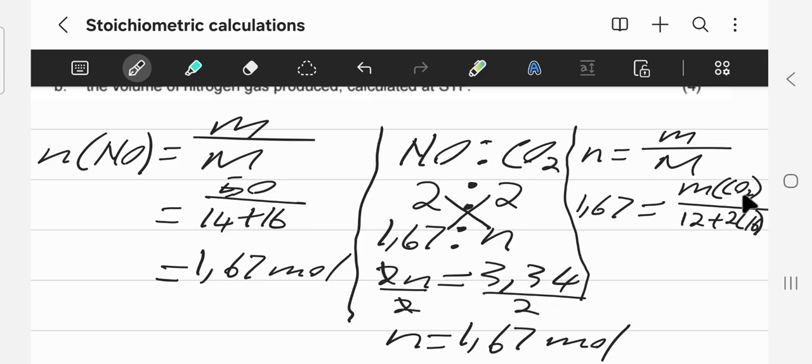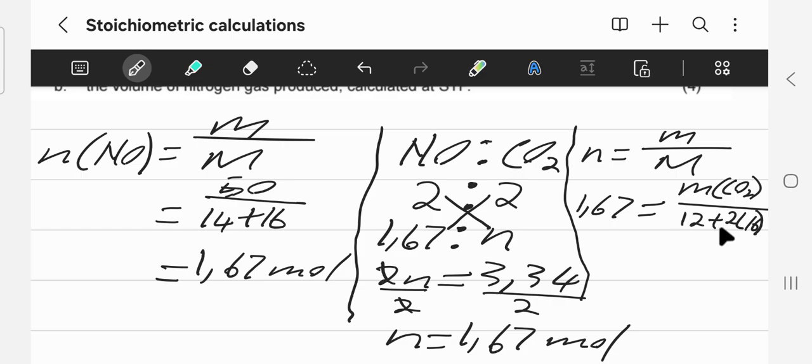Obviously here we are saying we have 1 carbon plus 2 oxygen atoms multiplied by the molar mass of oxygen. If you don't know how to calculate the molar mass, guys, check my playlist. It does have a video that shows you how to calculate the molar mass.